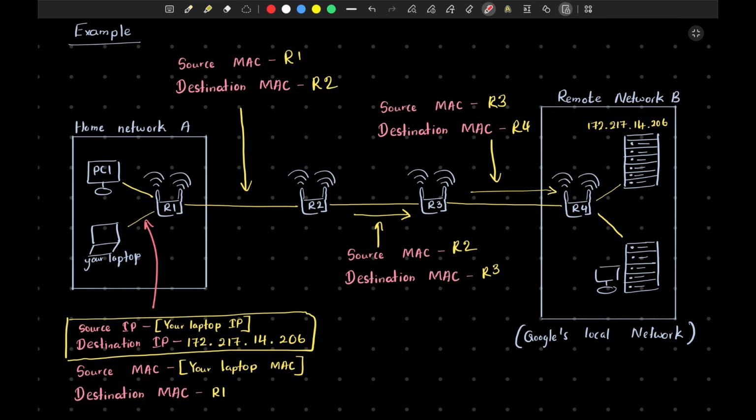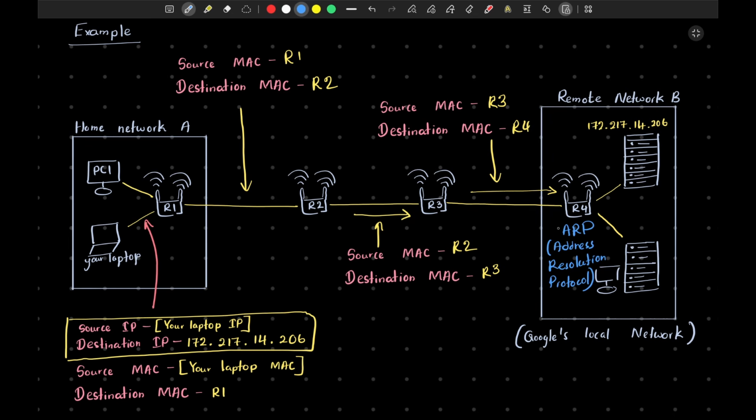To do that, this router puts out an ARP request, which is an address resolution protocol request.